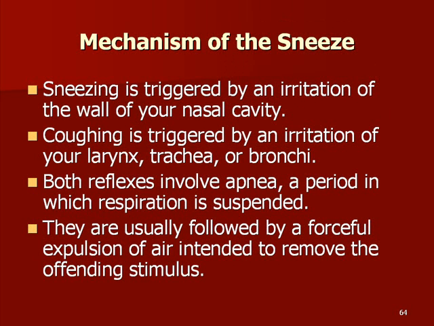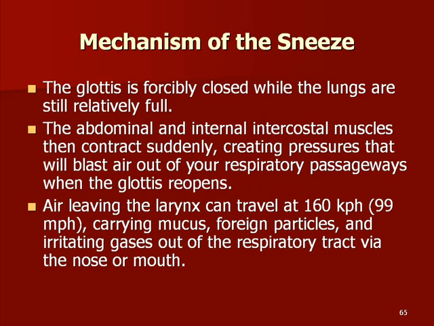Coughing is triggered by irritation in your larynx, trachea, or bronchi, and we've discussed this earlier. Both reflexes involve apnea, a period in which respiration is suspended. They are usually followed by a forceful expulsion of air intended to remove the offending stimulus. Again, we've gone over this mechanism earlier.